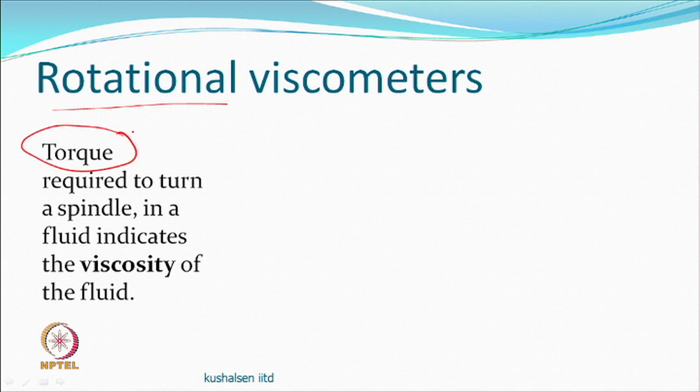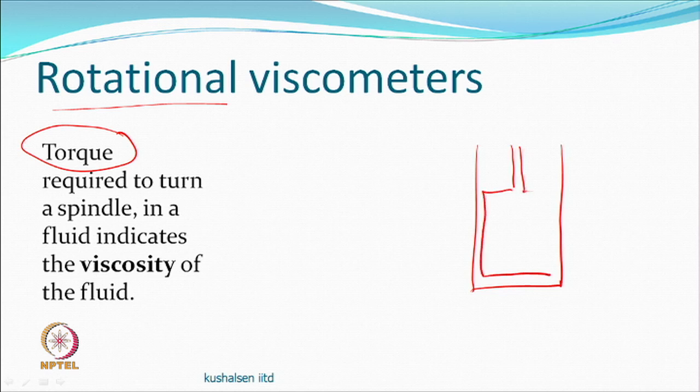The torque and finally the energy required to rotate a spindle in the viscous material can be used to determine viscosity. So, you can have your viscous liquid here, and anyway one has to calibrate, and every time you make any instrument you have to calibrate.